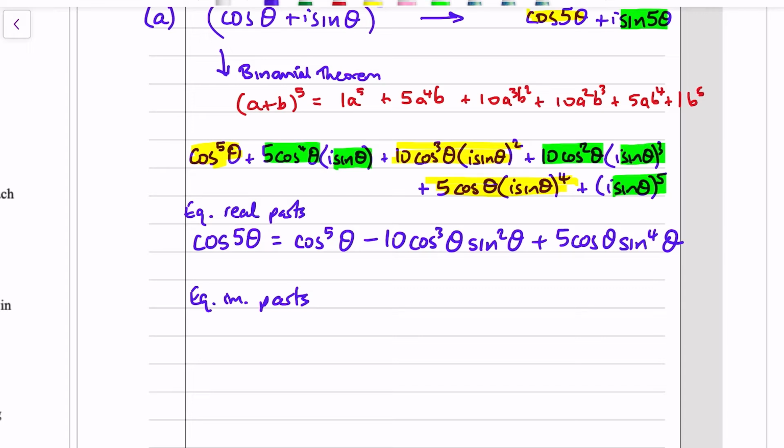So I've got sine 5 theta is equal to 5 cos to the 4 sine minus 10 cos squared sine cubed. The fact that I cubed is negative I, and then plus sine to the 5.